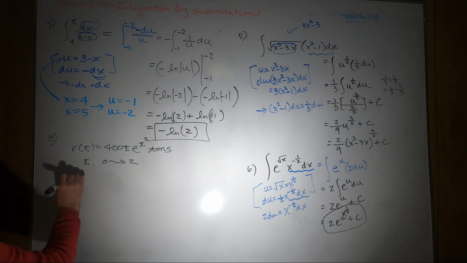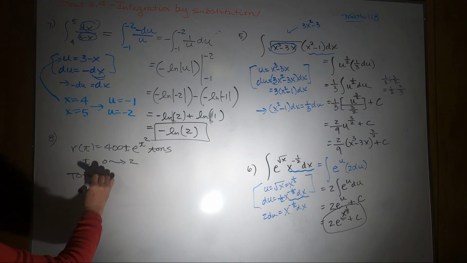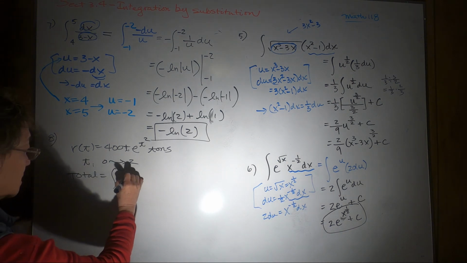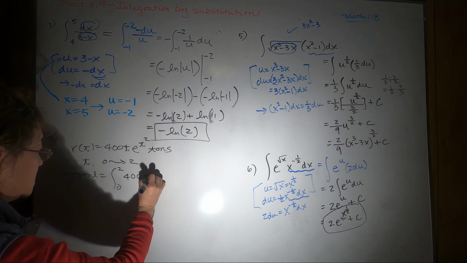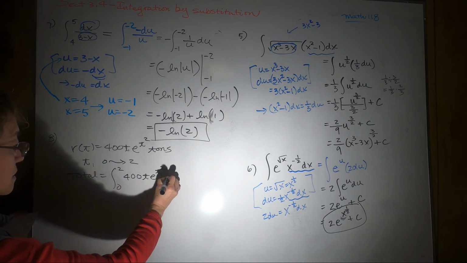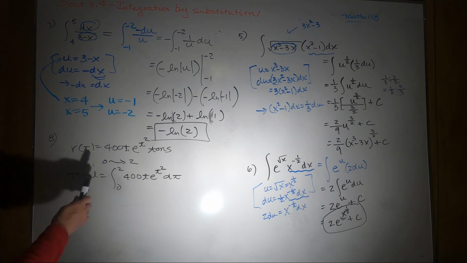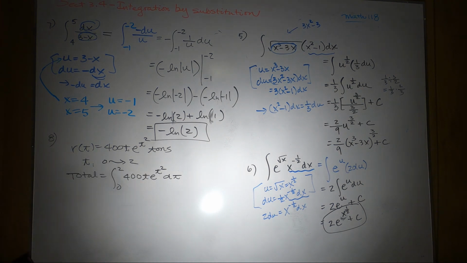So the total would be what? By the antiderivative for the first 2 years we are talking about, 400 t e to the t squared against the time, right? Then it's complicated. So what do you think?